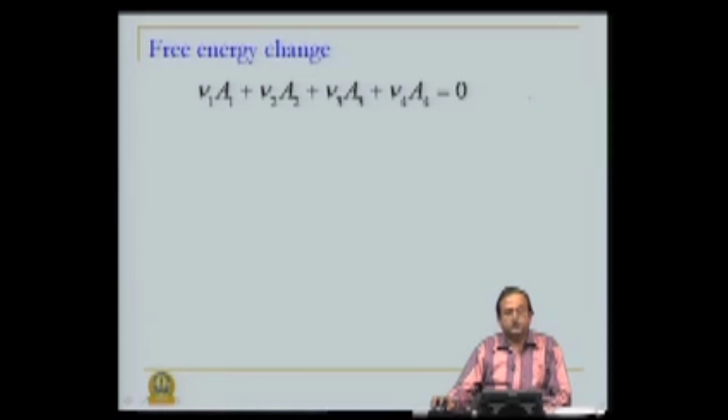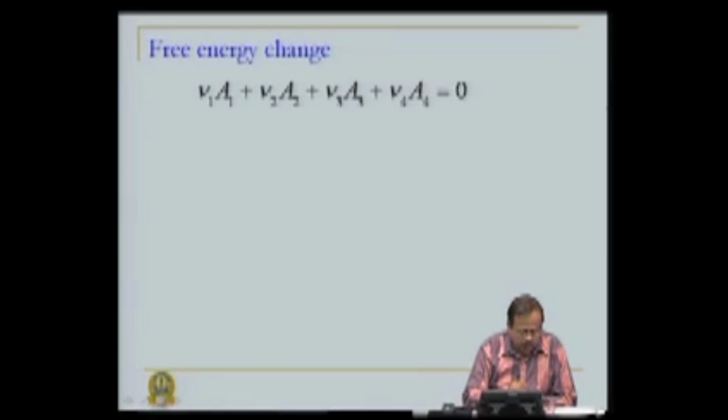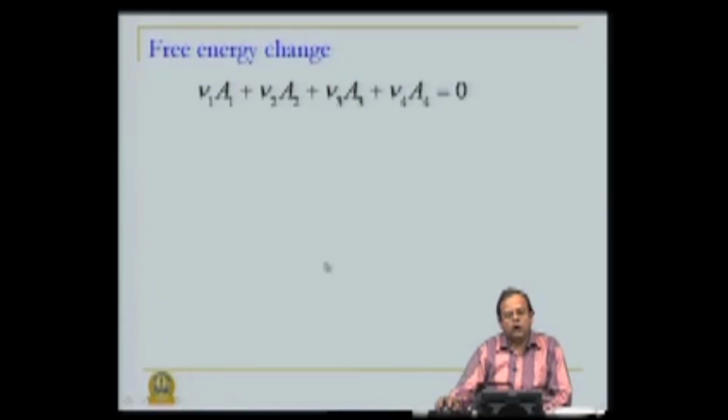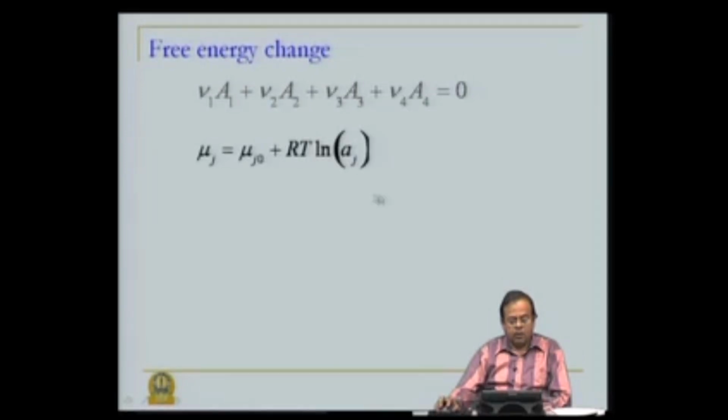So, let us take a specific example now. Let us say that we have 4 components A1, A2, A3 and A4, with stoichiometric coefficients nu1, nu2, nu3, nu4, and this is my reaction. I know my chemical potential as related to these operating conditions, temperature and pressure, is given in this particular form.